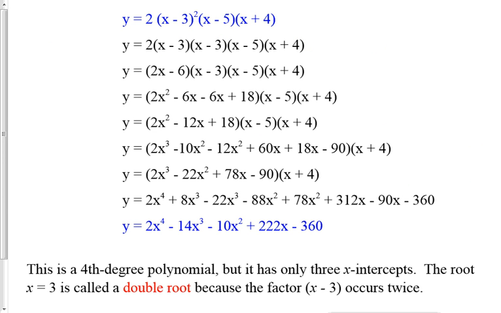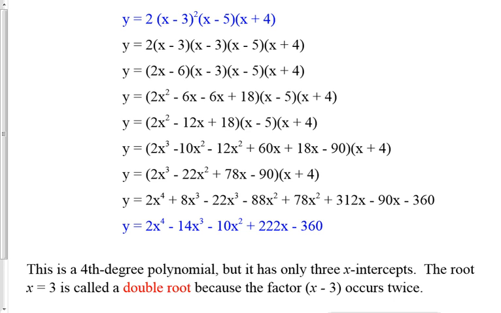Much like we did with the first example, I've also demonstrated to you the algebra associated with moving this polynomial from its factored form to its general form. You may want to take a second at this moment to pause the video and review this algebra. If you have reviewed this algebra, we can easily see this is a 4th degree polynomial, but it only has 3 x-intercepts.